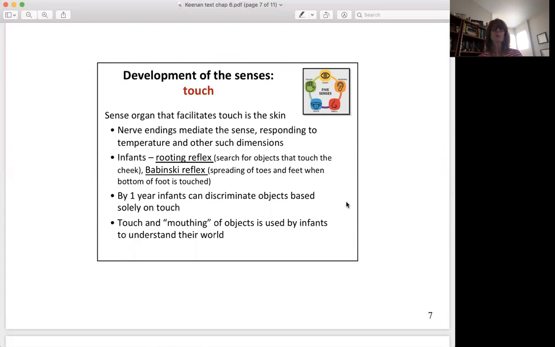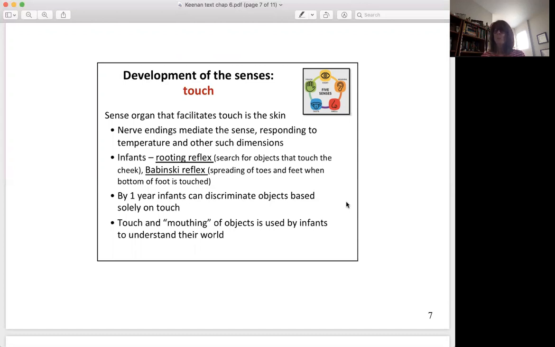When you touch their cheek, they seek out, you can see that they react to that touch. It's called the rooting reflex. What did we say is important about that? It's literally survival, to find that mother's milk. Babinski's reflex is when you touch the bottom of their feet and their toes splay out. They feel that touch.